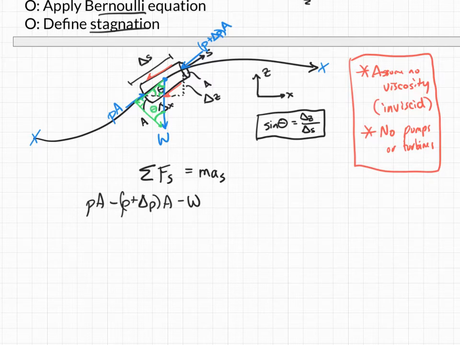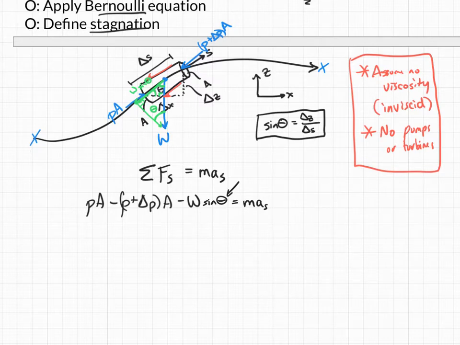That means the portion right here is W times the opposite, so W sine theta. We'll make this W sine theta equals, now we need the mass. How do we get the mass? We'll just call it the mass for now, times the acceleration in the s direction. All right, hopefully this one's fine, with the one tricky thing being getting that angle. Play with it and make sure you can get that angle.